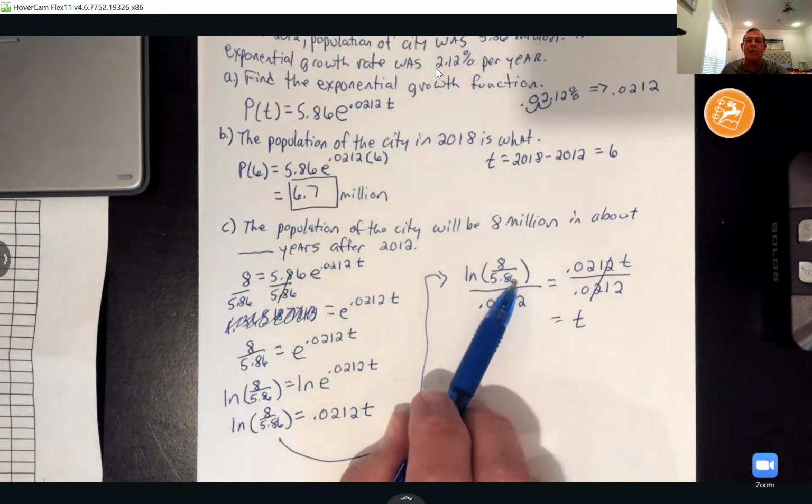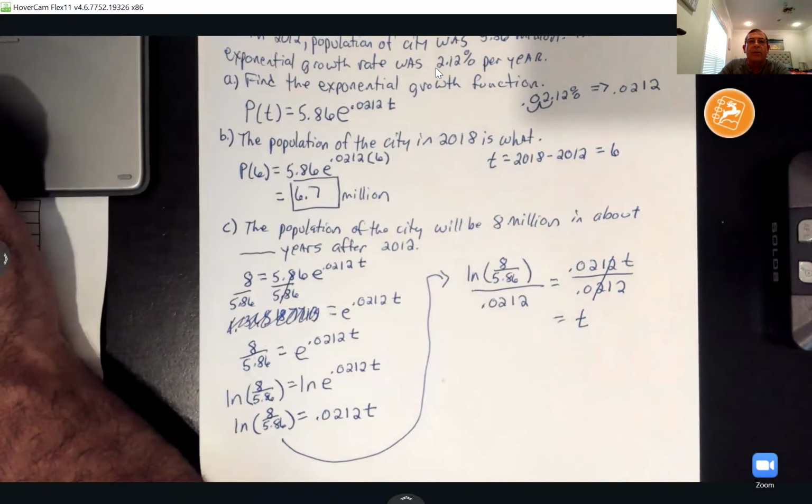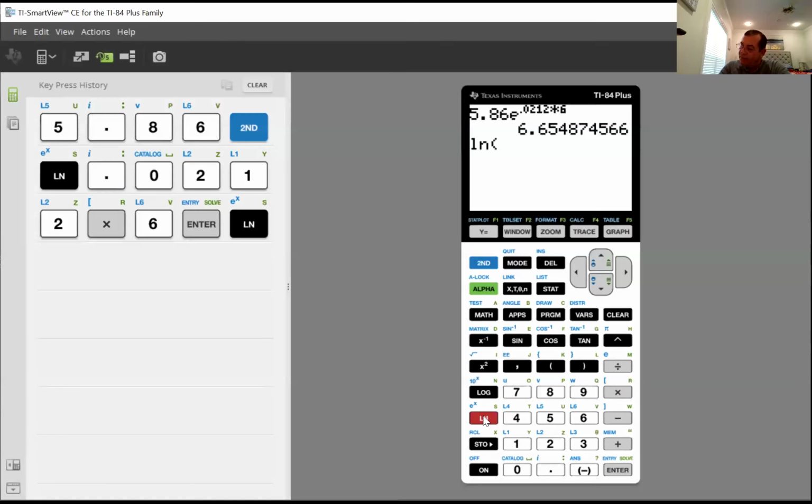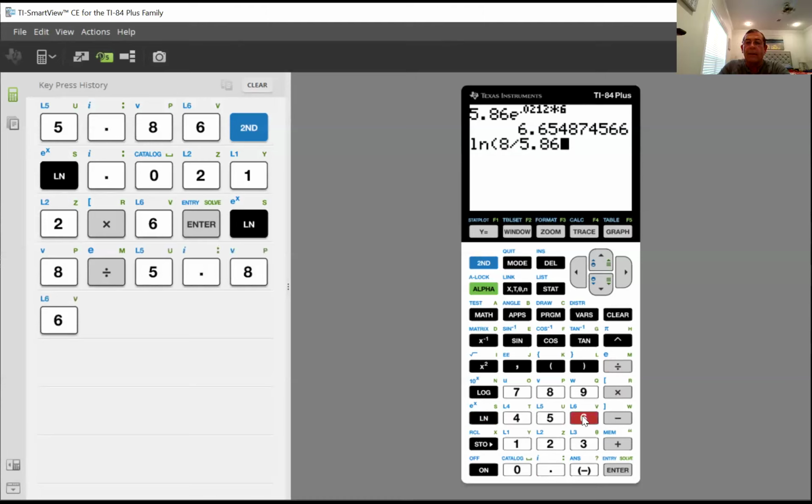So let me show you how I would punch that in. So I'm going to go to the calculator. So I will do the ln, and it was 8 divided by 5.86, and then close parentheses. So that's 1 ln, okay? And put it in as a quotient or division.